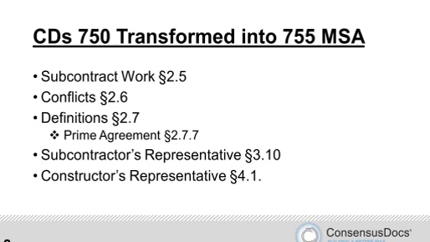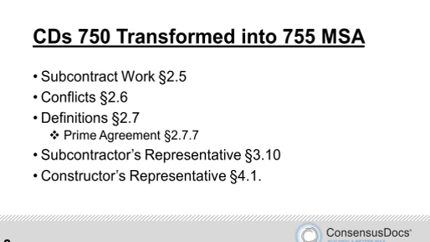Under 2.6, you have conflicts. How do we deal with that? Well, now you have to factor in the existence of the project work order. So generally speaking, as a general default proposition, the MSA is going to govern over all of the other subcontract documents, while the project work order, presumably with greater specificity about project-specific requirements, will govern over the MSA.